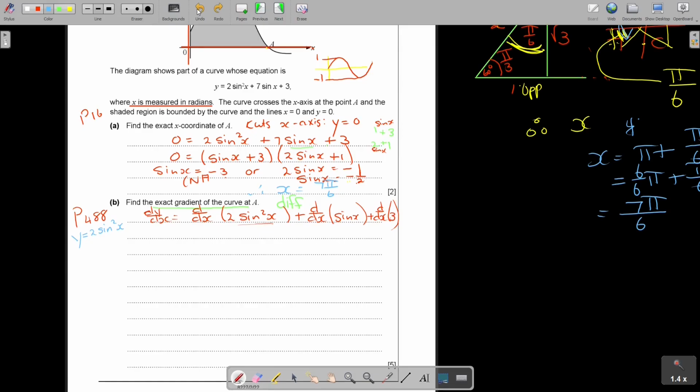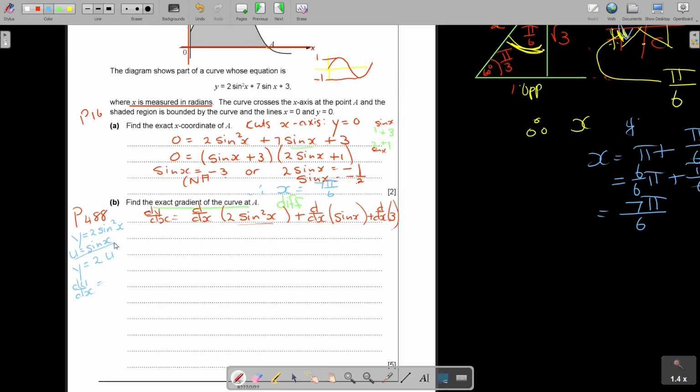But I can say that u is equal to sin x, and I can say that y is equal to 2u squared. Do you see? So it's the chain rule. Remember, I'm using the chain rule. So now I'm going to say du over dx.